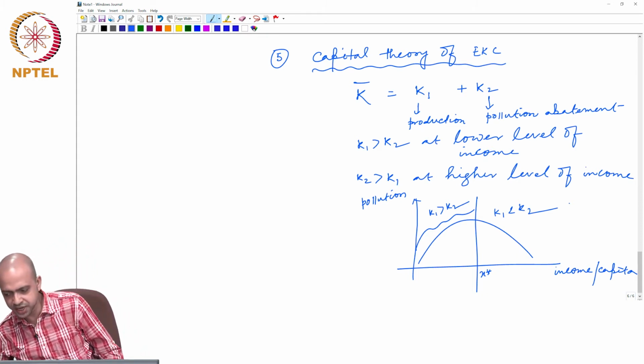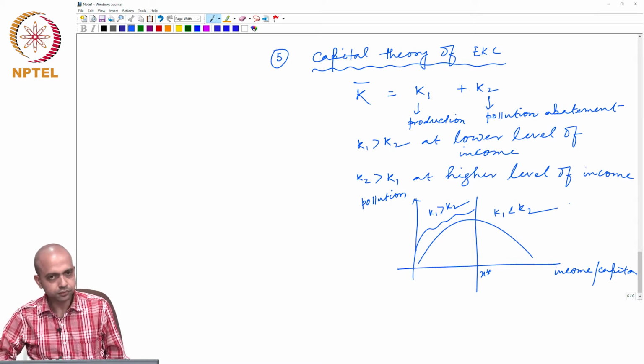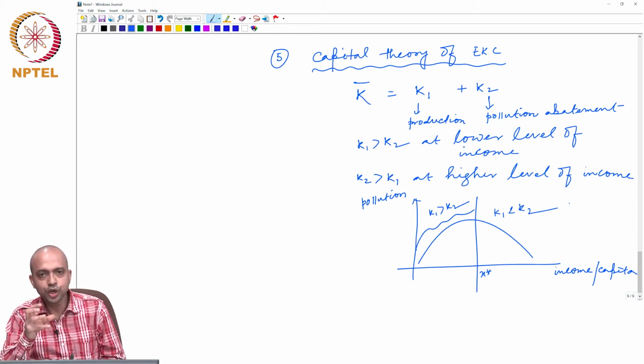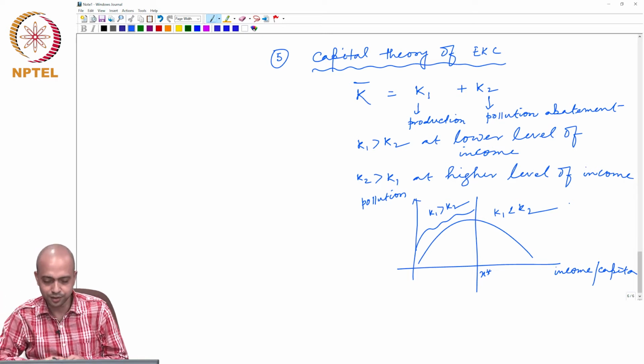We have hypothesized a relationship between emission per capita and income per capita to be inverted U shape. But in the reality, what exactly is the type of relationship that we need to understand? Okay? For that, we need to actually estimate the relationship between pollution per capita and income per capita applying some statistical model.